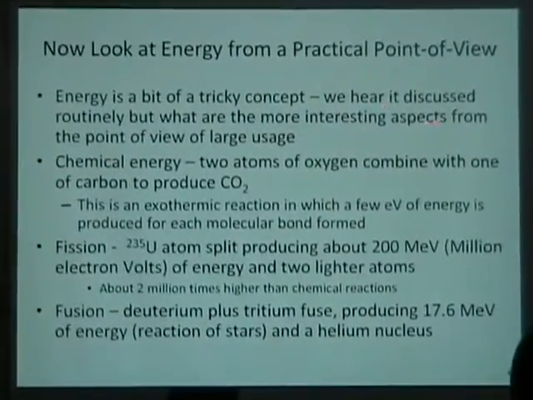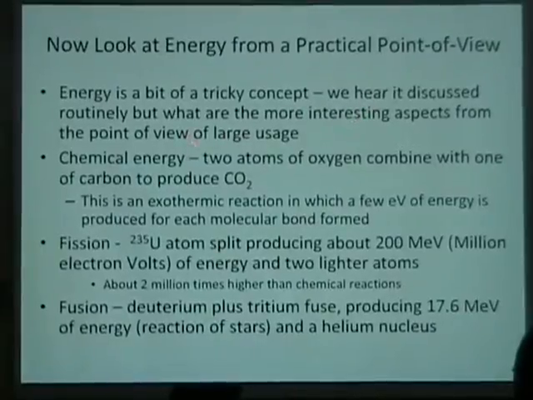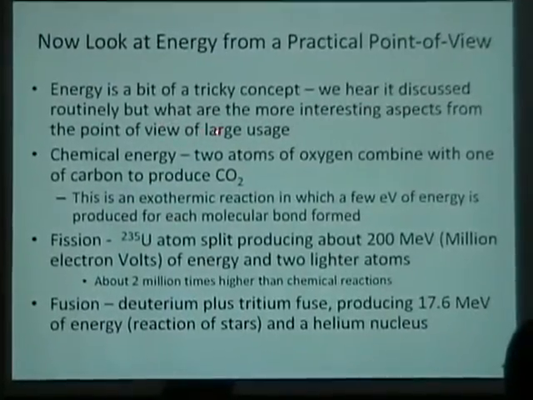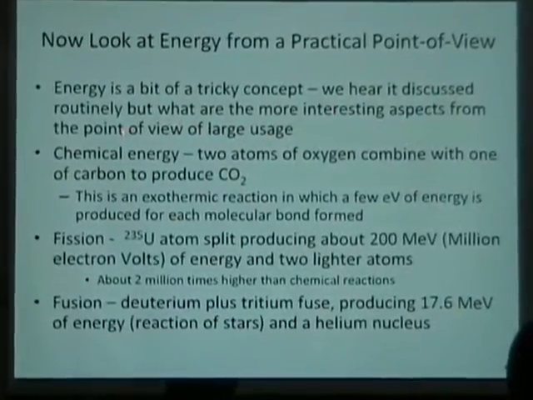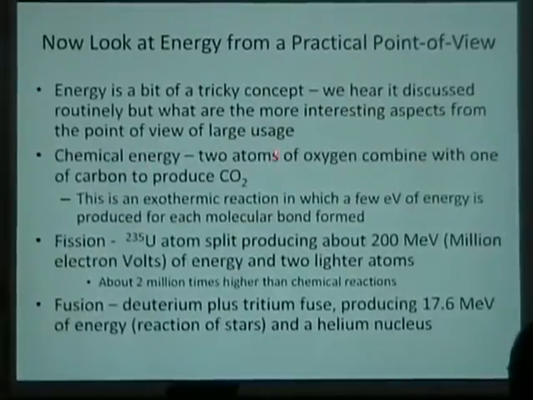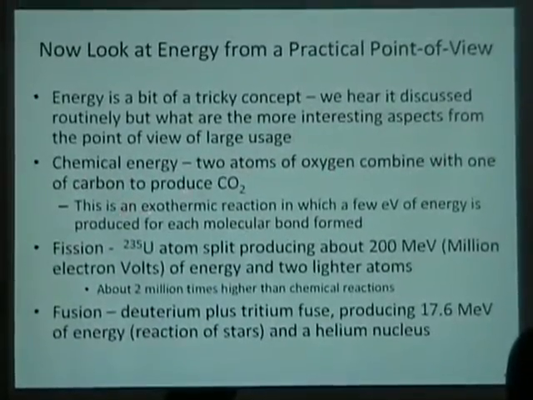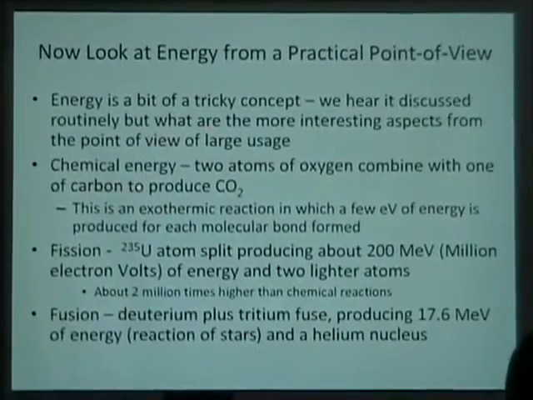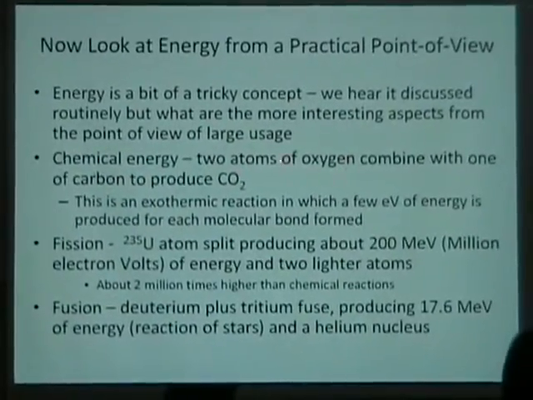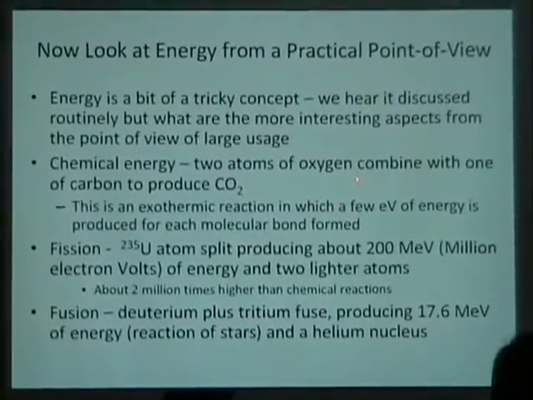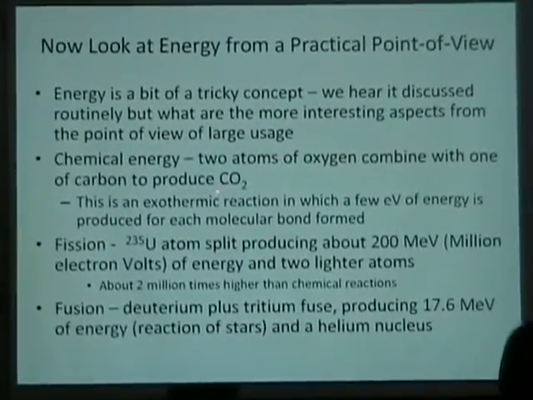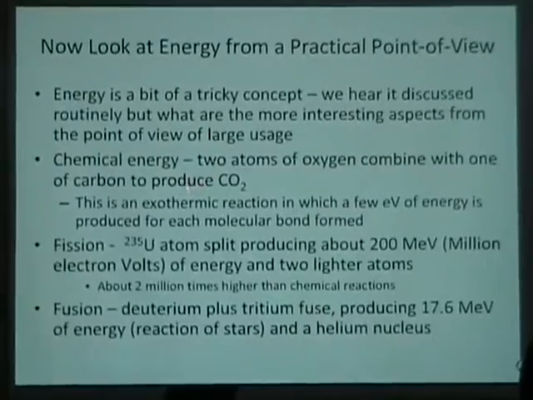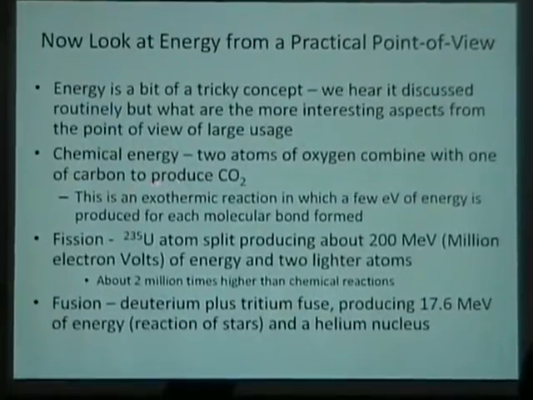The main forms of energy that are practical for large usage are the chemical energy of 2 atoms of oxygen combining with 1 of carbon, or hydrogen combining with oxygen to produce water. That's basically the main practical source of energy at the level of the world.